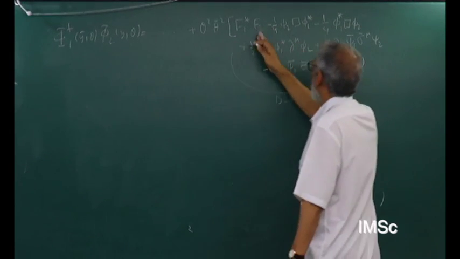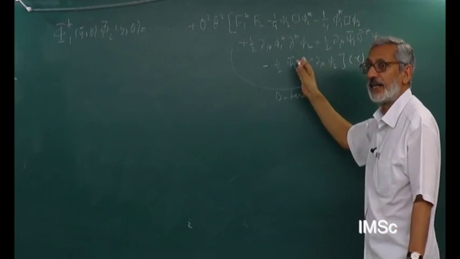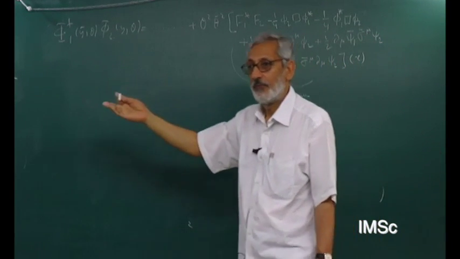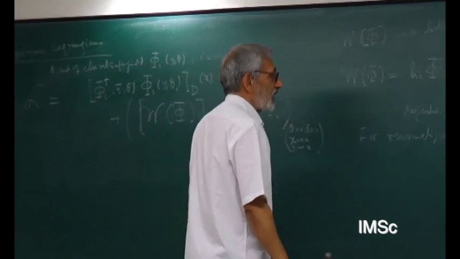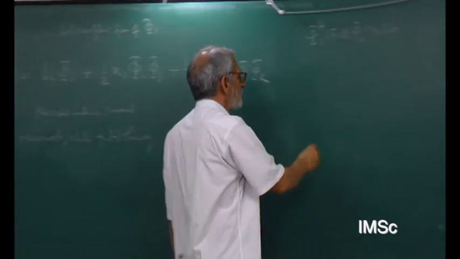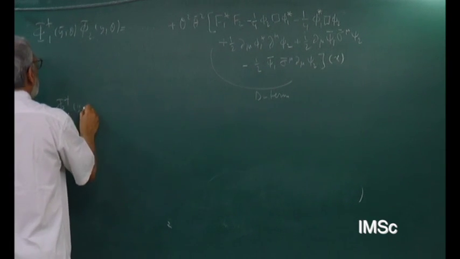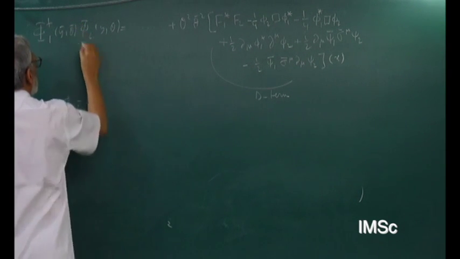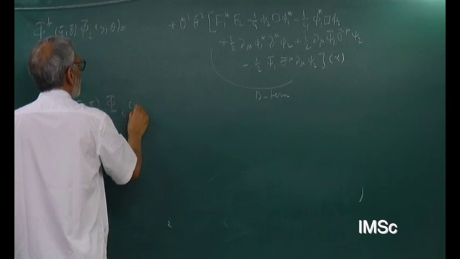So I just put F1 equal to F2, 1 and 2 indices equal, and rewrite this. That is the D term for this object. So let me write down now phi dagger i y theta bar, phi i y theta.